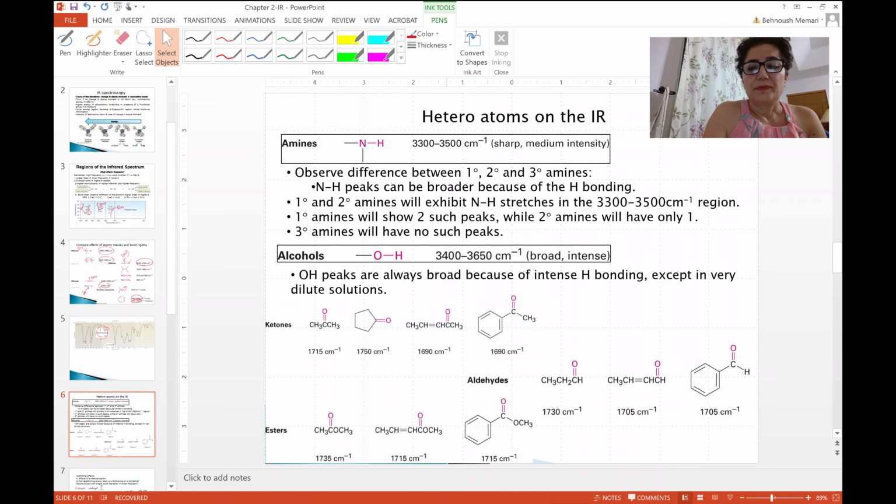In this slide, we have the functional groups again, and based on the tables that we had and the information that we have so far, we can predict the location of the peaks. For example, we have an aromatic ring here.